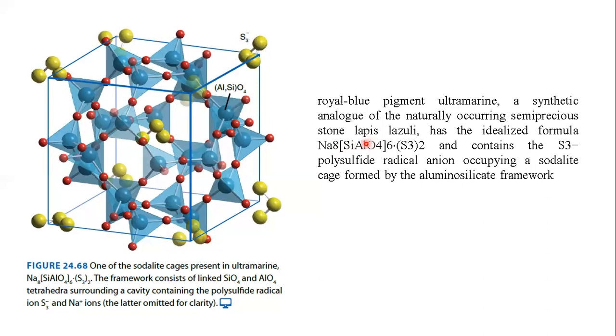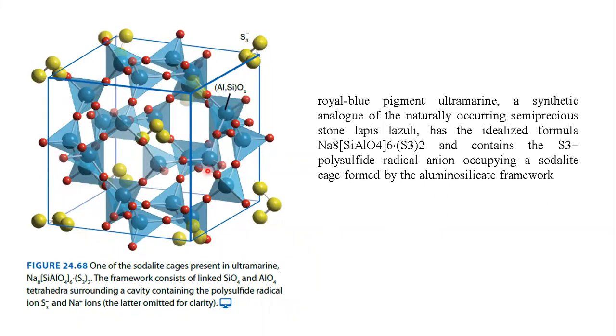So this aluminosilicate normally does not have any color. But in this compound, you can see the crystal structure is also shown here. You can see sodium ions in between, and the S3 minus ion, meaning three sulfur atoms make an S3 minus ion. These are there in between in the crystal structure.